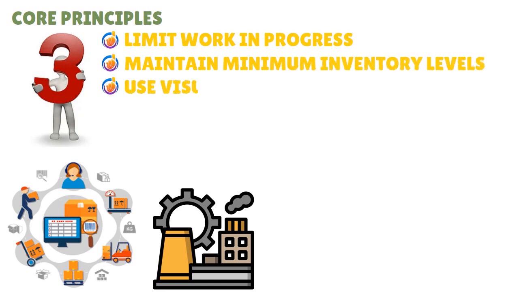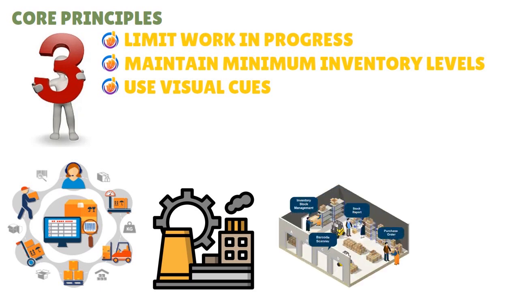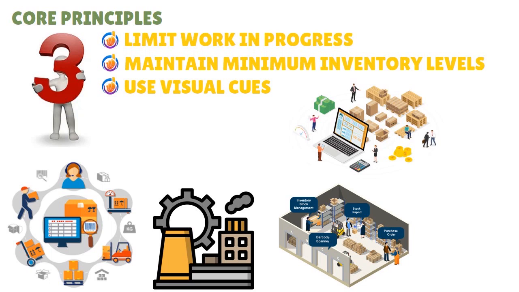Work in progress refers to the tasks, items, or activities actively being worked on but not completed. Limiting work in progress is a fundamental principle in the Kanban system because it prevents overburdening the production line, reduces multitasking, and promotes focused work. You also want to maintain minimum inventory levels because excess inventory ties up valuable capital and resources.